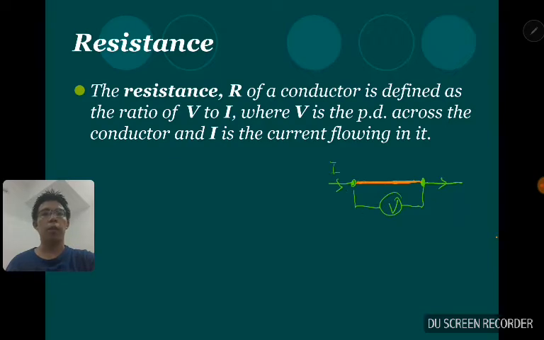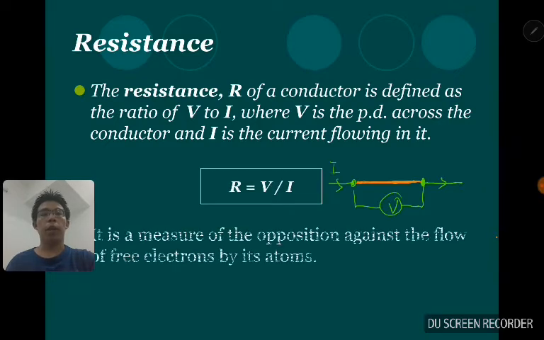part of the wire. Okay, R equals V over I, and it is actually the measure of opposition against the flow of free electrons, as we know that inside the electronic circuit, when current flows, it is actually the movement of the free electrons. They are drifting across the wires.